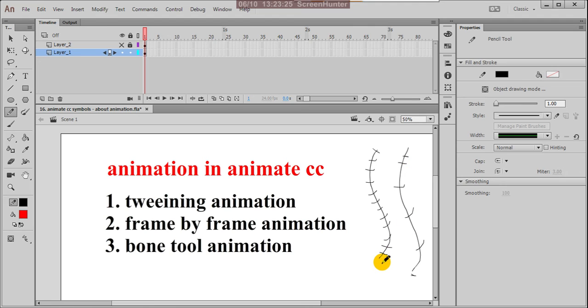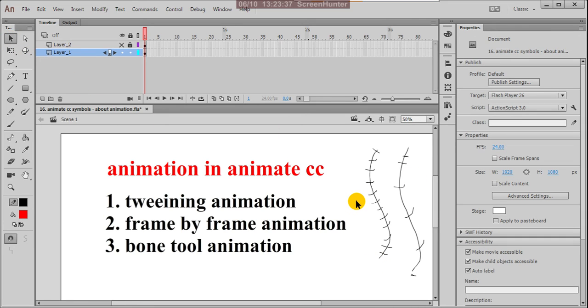And here, because of the close frames, the action will be slower. So what we understand is that if you add more frames, the action will be slow, and with fewer frames, the action will be faster. In general, by default, the frame rate is 24 frames per second.